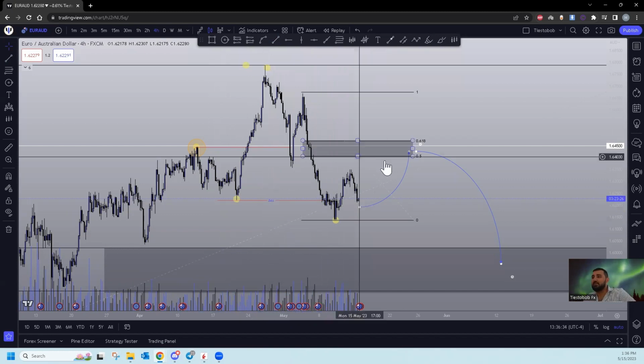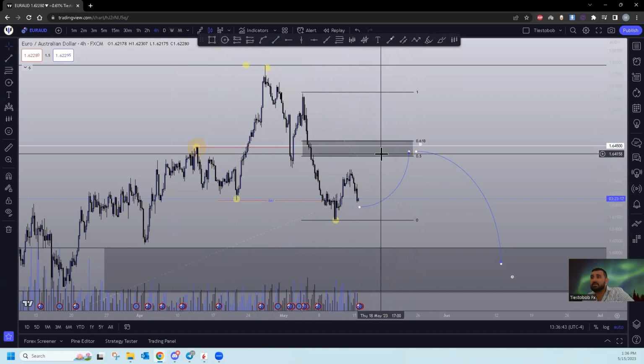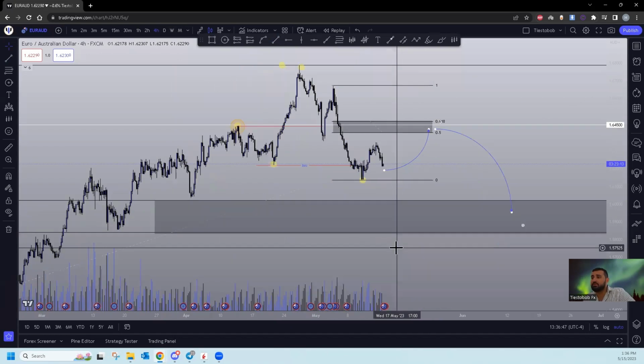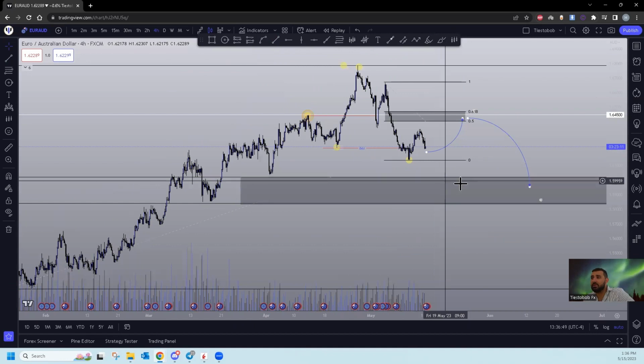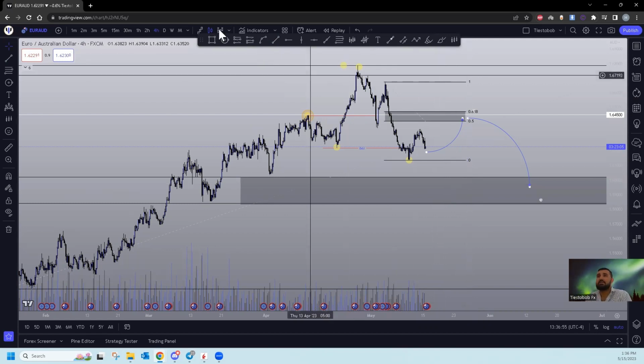So with that being said, we are looking for a short-term rally into this region, and then once price gets into that region, we are looking for a shorting opportunity into the monthly and Fibonacci golden zone. I hope this made sense, guys.